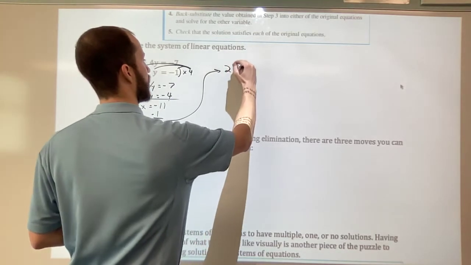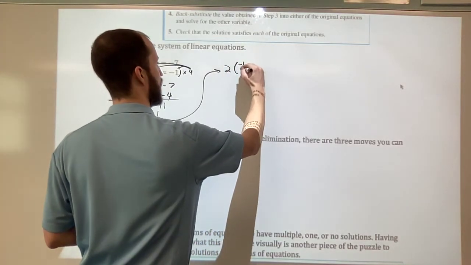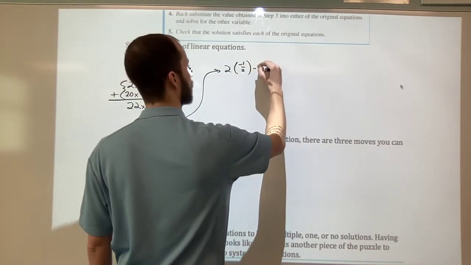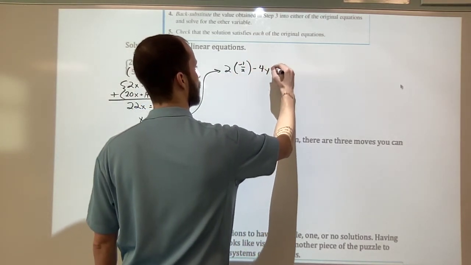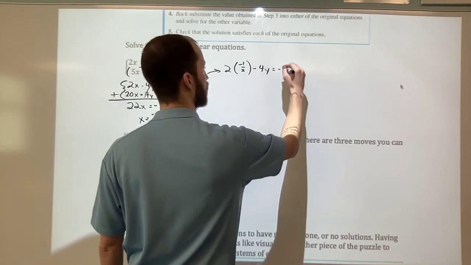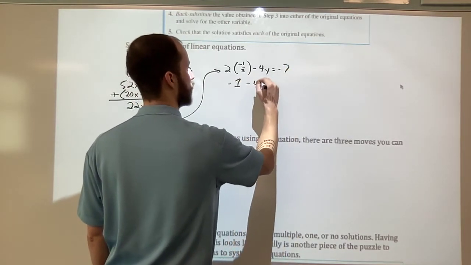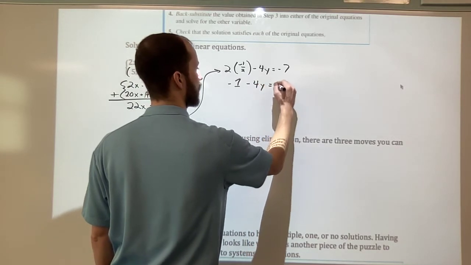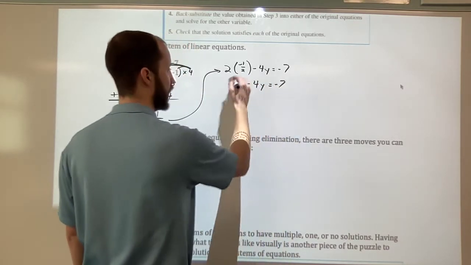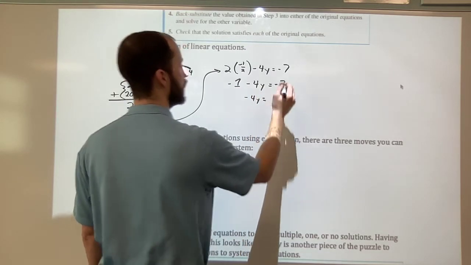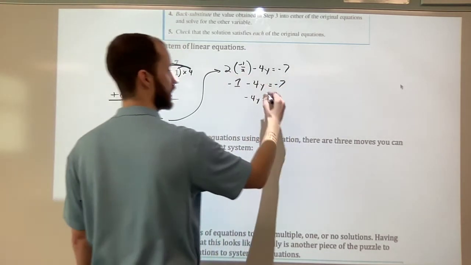So 2 times negative 1/2 minus 4y equals negative 7. So simplify down, negative 1 minus 4y equals negative 7. Add the 1 over, negative 4y equals negative 7 plus 1, negative 6.